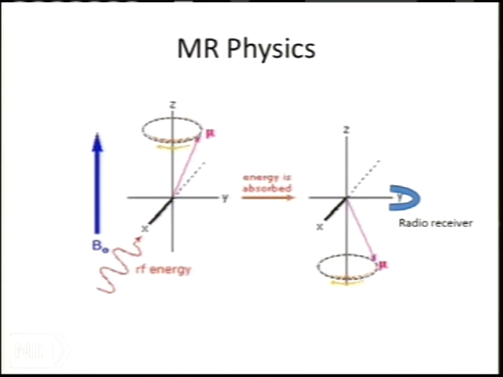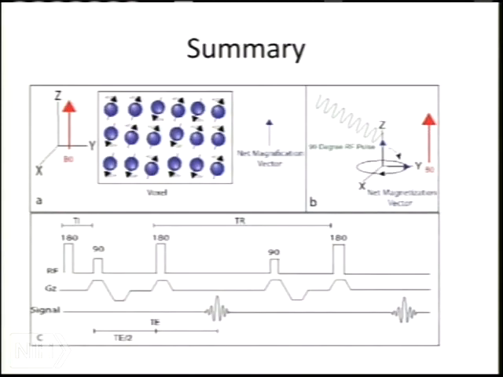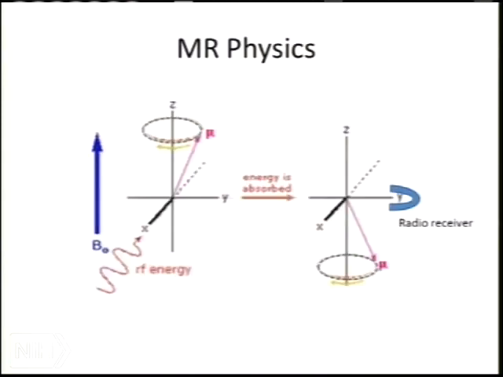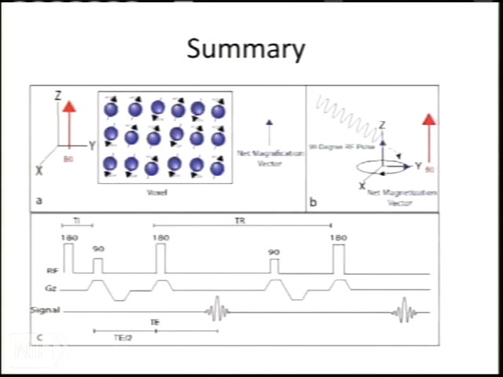And the energy can be detected by a little radio receiver depicted here as this little C that will pick up the little signal. And then you can start generating an image from that. So basically, you have all these spins that are aligned with the magnetic field. You come in with the radio frequency pulse and divert them from their native state, which is aligned, to not aligned.